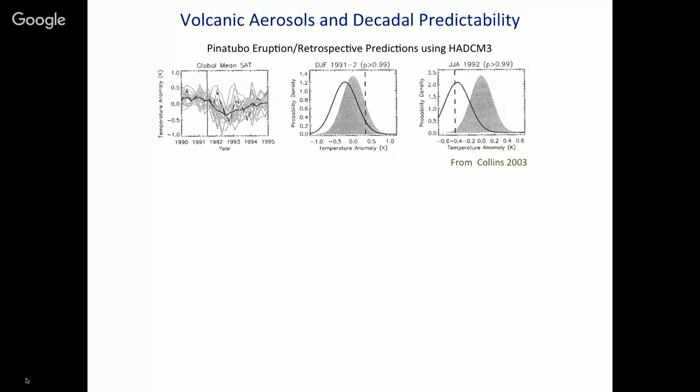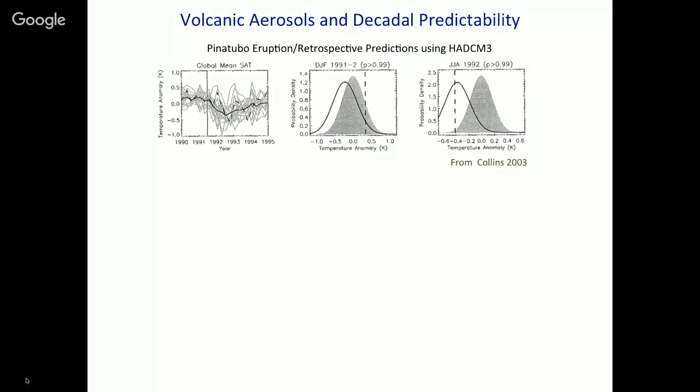They have taken a PDF, where the gray PDF is the climatological PDF for the DJF following the eruption, and this is for the JJA following the eruption. The other PDF, just the line of a PDF, is the new PDF which they constructed from all these retrospective predictions.